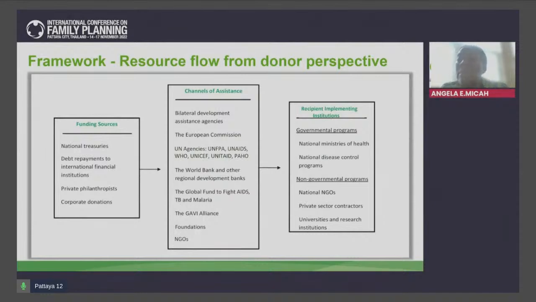So these could go directly to government programs at the national ministries of health or disease control programs, or through to non-governmental agencies that include national non-government organizations or private sector contractors, as well as universities and research institutions. So this framework is the overall structure that guides the work.